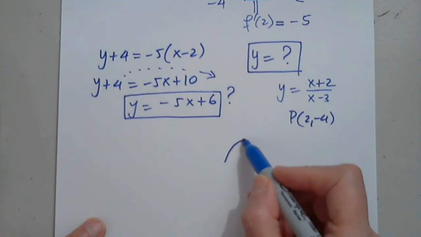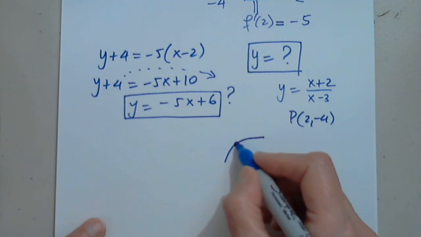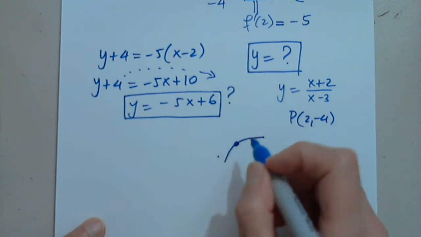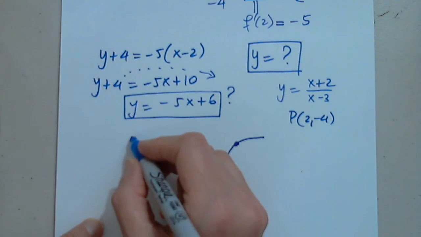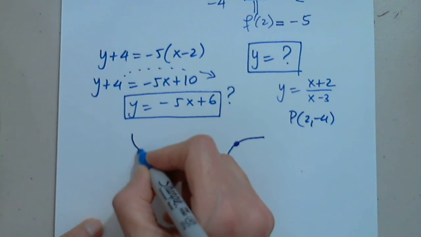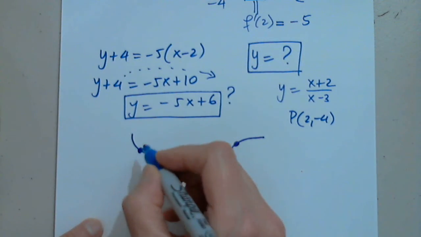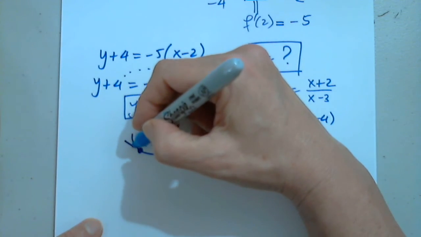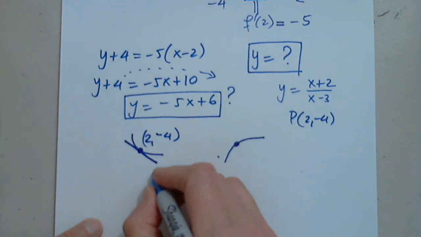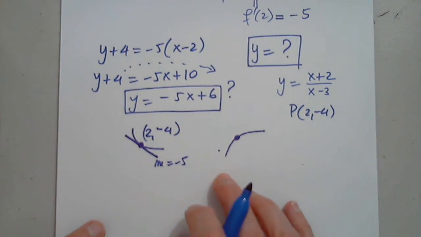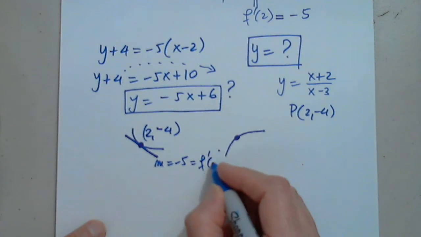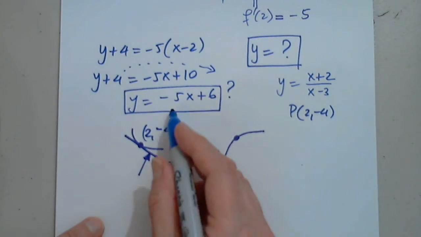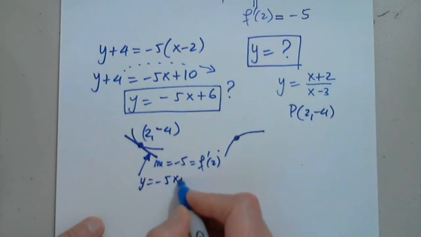So at 2 comma negative 4, no, that's not a good graph. So if this is 2 comma negative 4, this is the slope of the tangent, which is negative 5, which is nothing else but f prime of 2. And the equation of this line is y equals negative 5x plus 6.